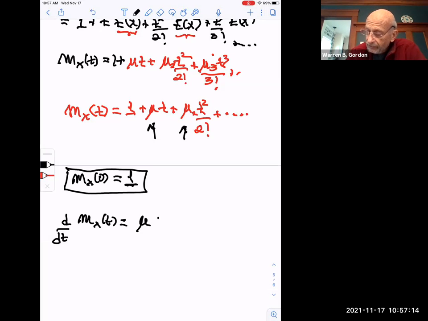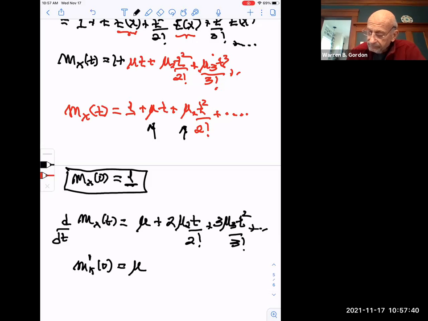I get mu plus 2 mu2 t over 2 factorial plus 3 mu3 and so on. And notice, if I evaluate this at 0, I get the mean. Which means the derivative of the moment generating function at 0 is the mean.